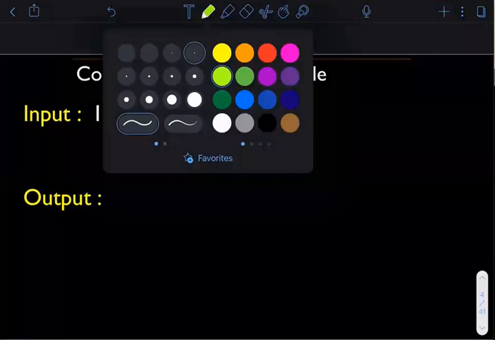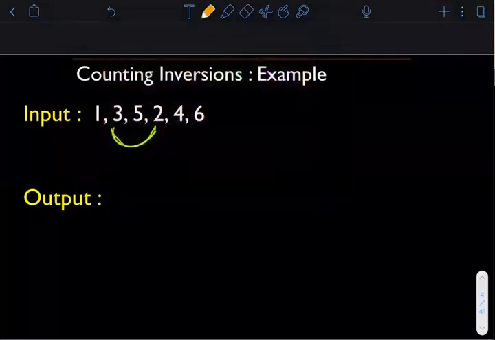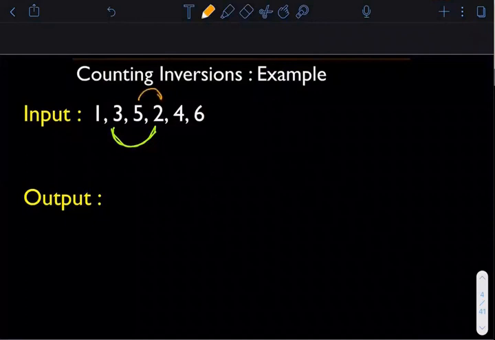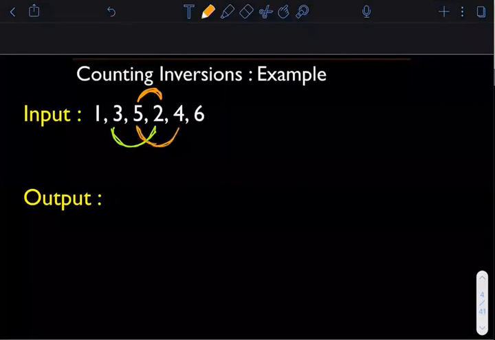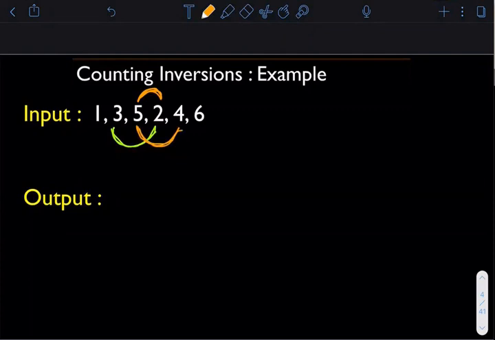Why? Because 5 is part of this inversion. This is clearly an inversion, but 5 is also part of this inversion. So those are the 2 inversions.